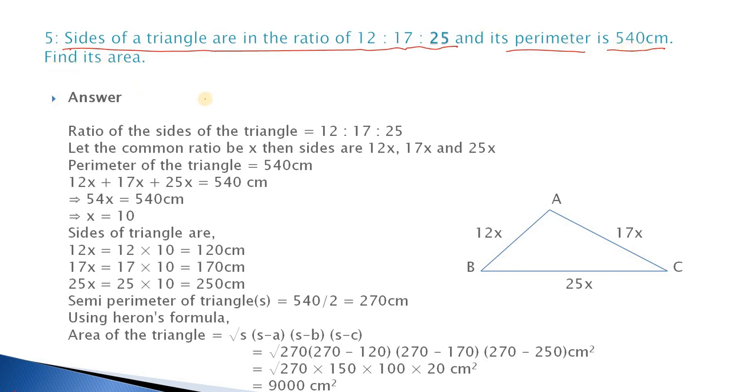Find its area. In this question we are given a triangle and the ratio of its sides 12, 17 and 25, and also given perimeter is 540 centimeter.